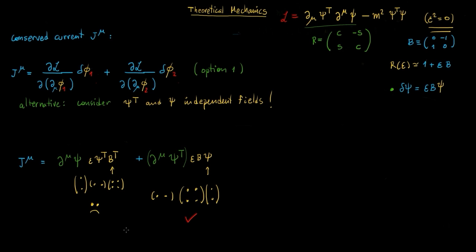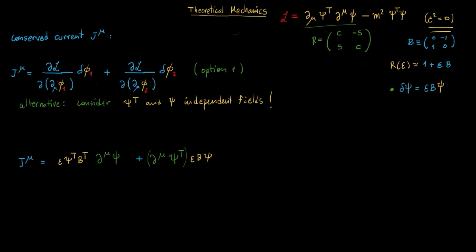This may seem like a serious problem, but it's not. We simply have to change the order, and that's it. Okay, as we did in the previous exercise, we eliminate epsilon. B is an anti-symmetric matrix, so the transpose is itself with the opposite sign.